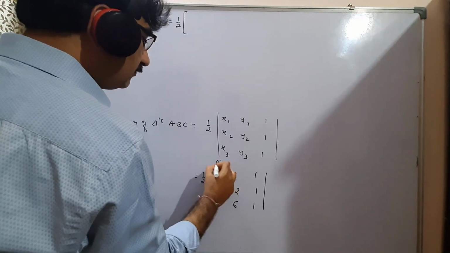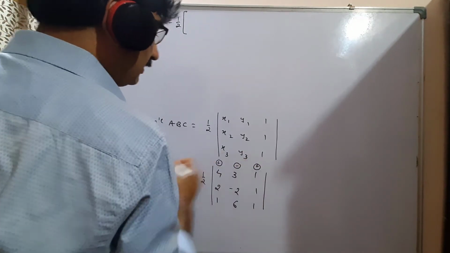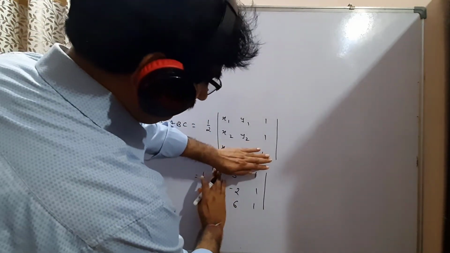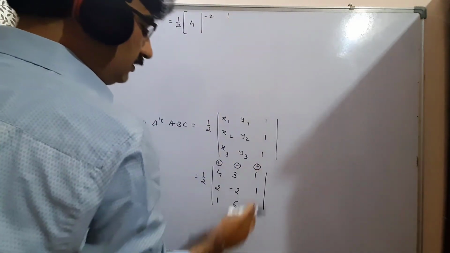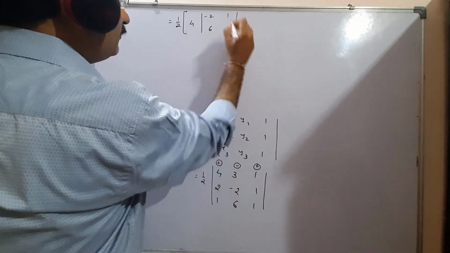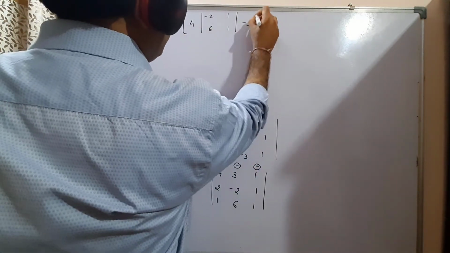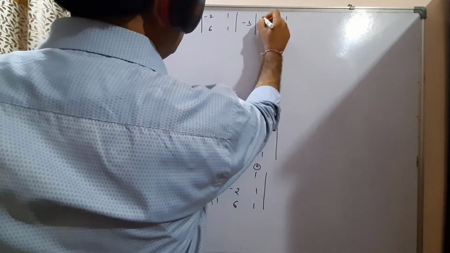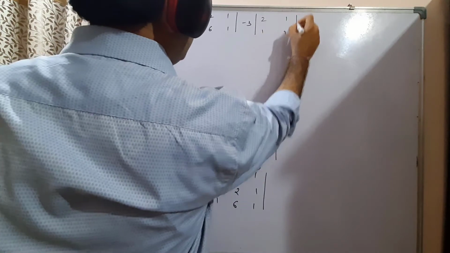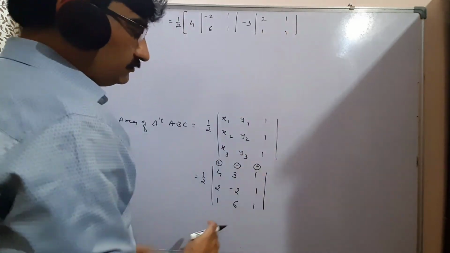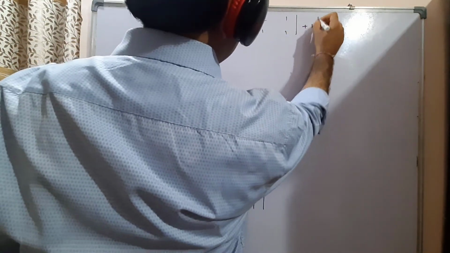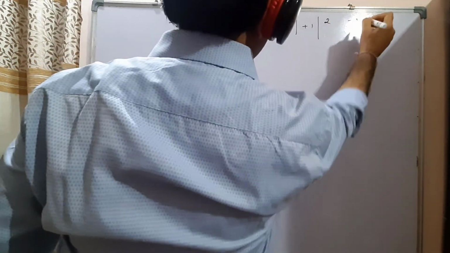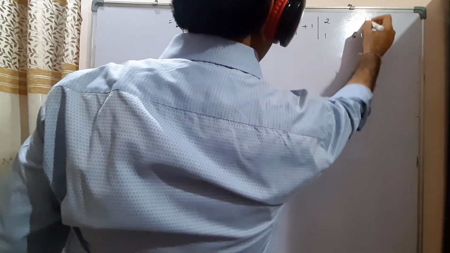Again we write down plus minus plus, 4 into, drop this row and this column, minus 2 1, 6 1. Again minus 3, drop this row and this column, that is 2 1 1 1. Again plus 1, drop this row and this column, that is 2 minus 2 1 6.